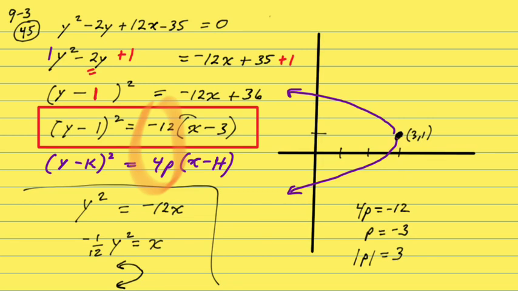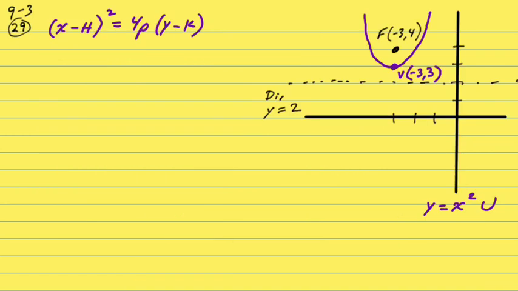If I go 3 to the inside, you'd have your focus here at 0, 1. If I go 1, 2, 3 to the outside, you would have your directrix at x equals 6. So I have the vertex, the focus, the directrix, all labeled and opening the correct way. So that would be the formula, right?